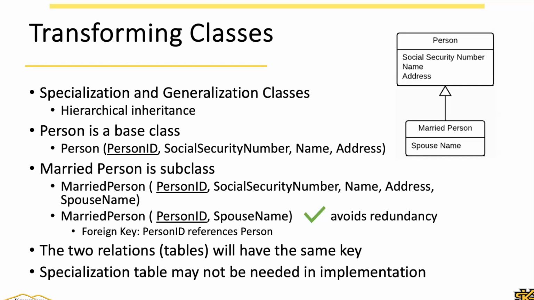This way, both the person and married person tables share the same key without repeating the attributes, ensuring that there is no data redundancy. The goal is transforming superclass, subclass, or generalization specialization classes to use the same key for both tables and avoid repeating attributes in the subclass except for the key.